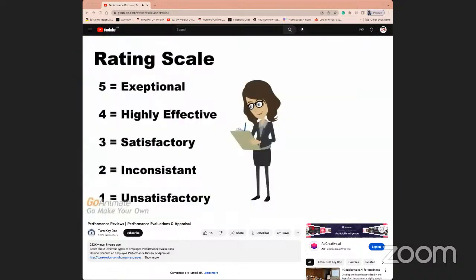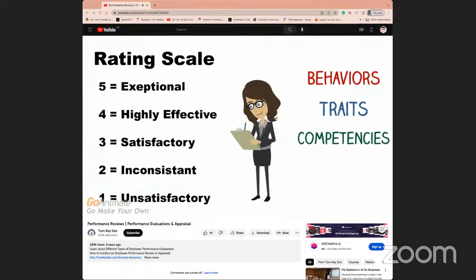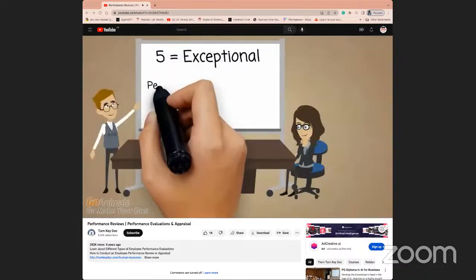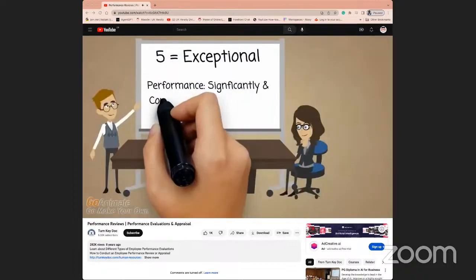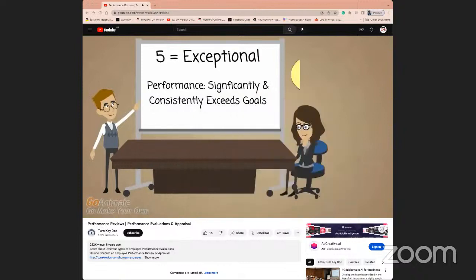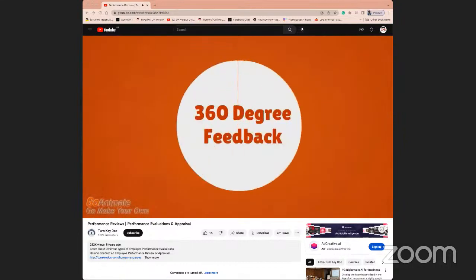Rating scale is probably the most common review type. Using this method, a supervisor rates an employee on a numerical scale for a defined set of behaviors, traits, competencies, or completed projects. This method gains points for simplicity and functionality, but it only works well if both managers and employees share the same understanding of each point on the scale. The 360-degree feedback review is a new kind of performance review.